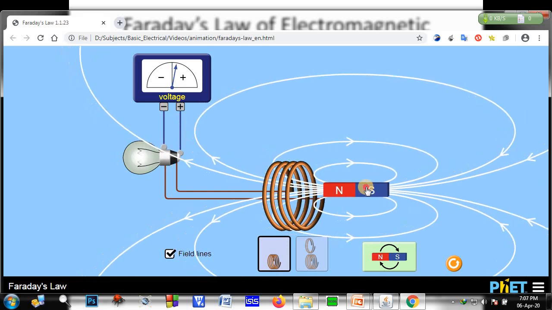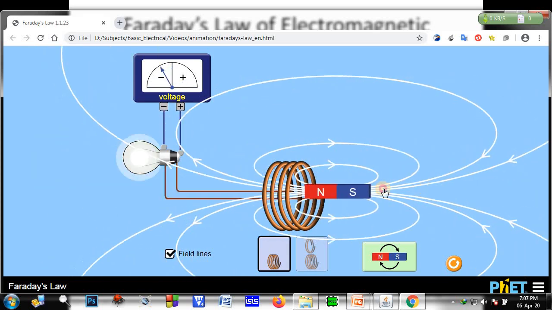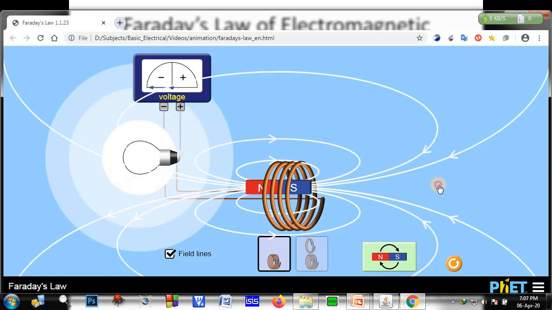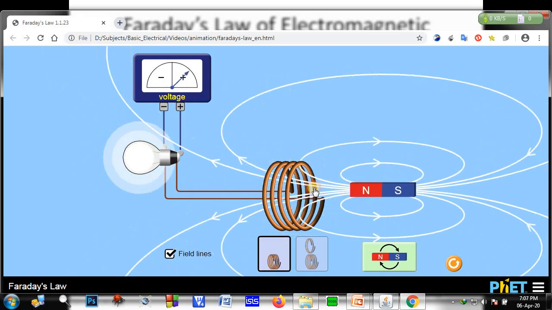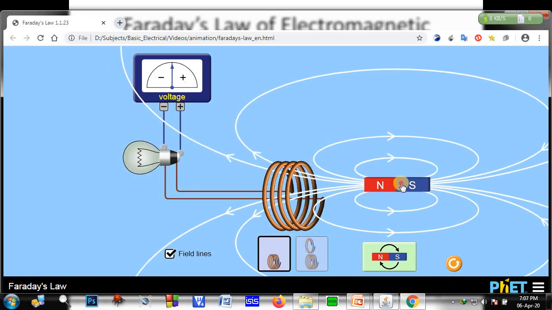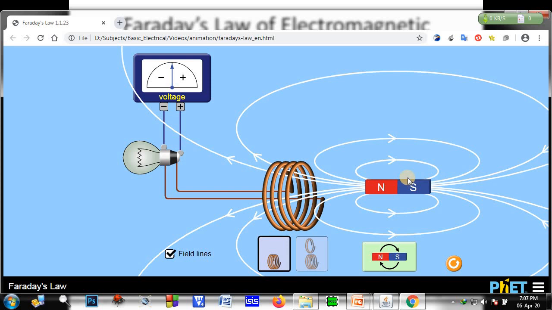But if I move it fast, you can see the magnitude of the EMF induced is greater. So the faster the motion, the greater the magnitude of the induced EMF. It is directly proportional. That is what the second law says. Hope you have understood with this animation.